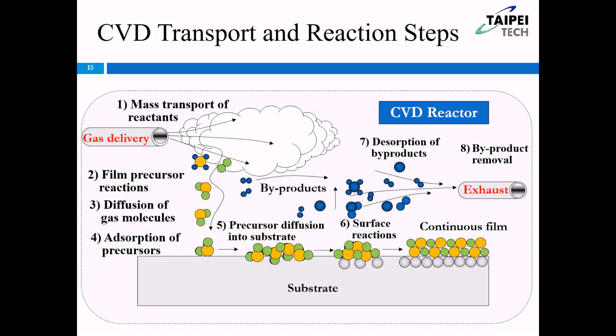After the reaction on the silicon wafer, finally we have some byproduct, and byproduct is also 副产物. Byproduct is also in the gas phase. So we can use the vacuum system to pump away the byproduct.